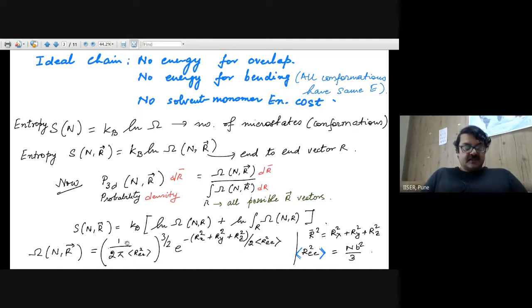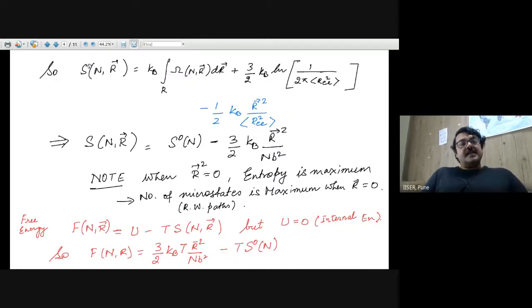I'm using this expression for omega, and if you put it back and you take the log of this and this term, and of course this remains, then basically what you have is S(R) is k_B times the sum of omega(n, R) over all possible values of R, plus 3/2 k_B ln of this term, which has a fixed value n b square by 3, minus half k_B R square by the expectation value of R square.